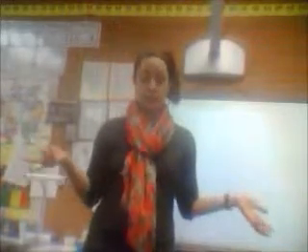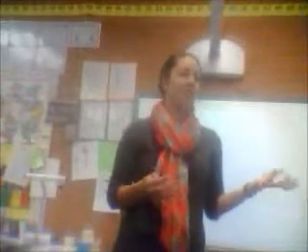What are some ideas to classify our polygons? How would we classify them? What could we do? Sides, good. We could classify them by sides. We could classify by shape, yeah. I think sides would be the best one.